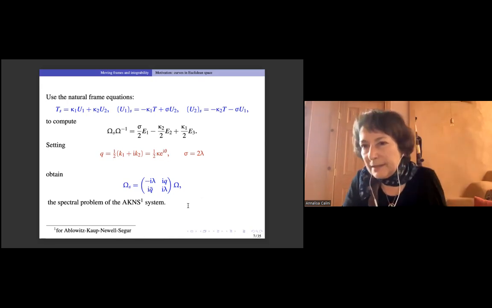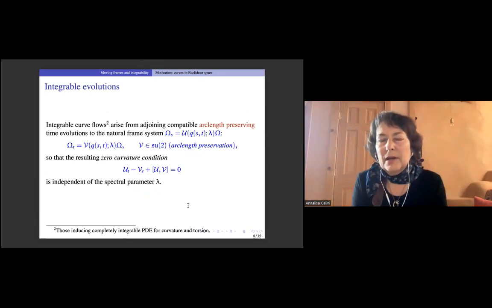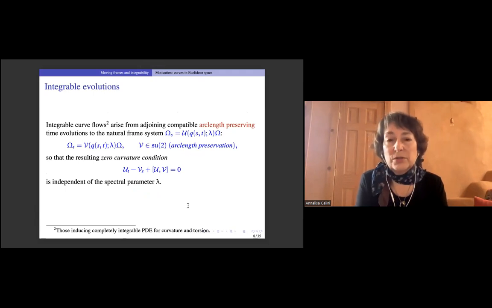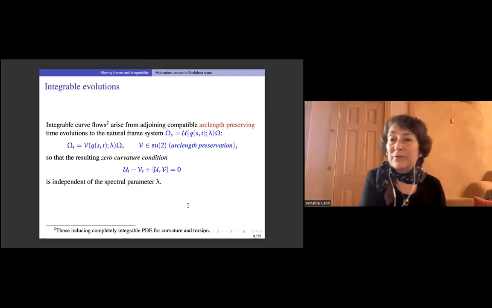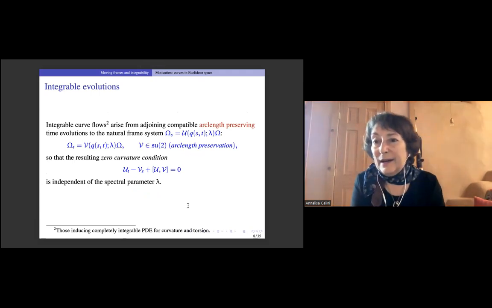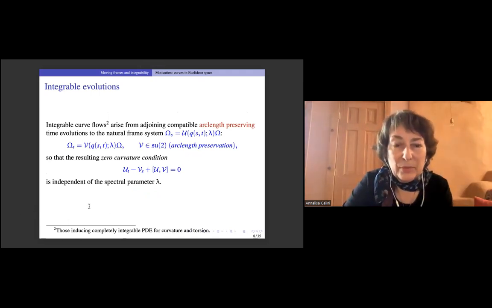Now, how do you get integrable flows? Well, you get integrable flows by adjoining a compatible evolution. So your omega, which is now your moving frame, is now depending also on a temporal variable t.